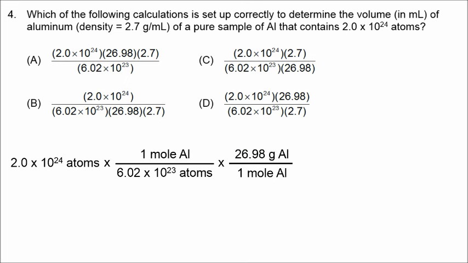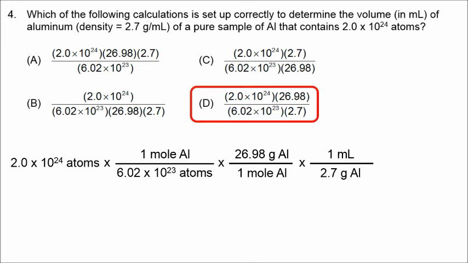And then finally we're going to go from grams to milliliters, and we use density as a conversion factor, so putting grams on the bottom and 1 milliliter on top. We don't have to do the actual calculation, but we can see that to get the numbers in the proper positions, the correct answer that does this is D.